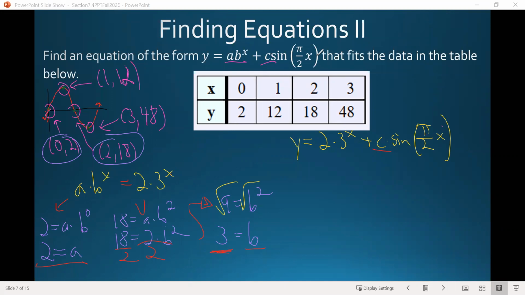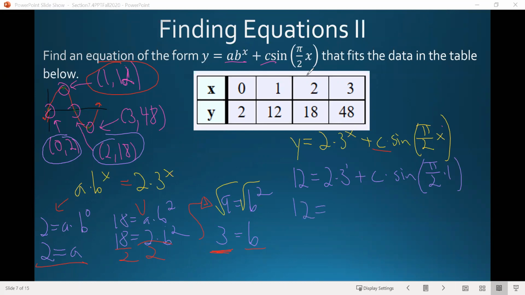Which means to find that, we need to use one of the points that is off the midline that tells us what the amplitude is. So in this case, I'm going to use the point 1, 12. And so when we plug that in, I have 12 equals 2 times 3 to the first plus c times sine of pi over 2 times 1.